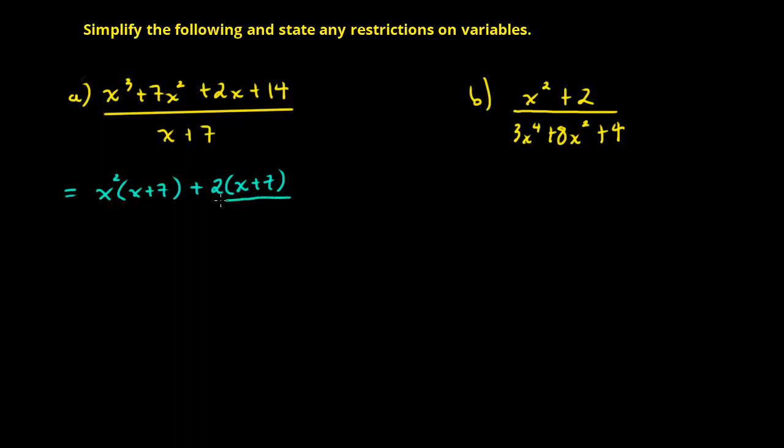So in the denominator I've still got x plus 7. Notice that now that I've grouped this, there's a common factor of x plus 7 in the numerator. So I can common factor that out, and I get x plus 7 times x squared plus 2, divided by x plus 7.